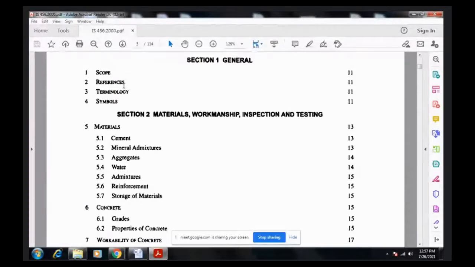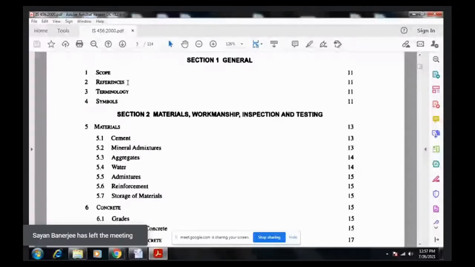Nobody really goes for this terminology, symbol. And also the reference is important. Why? Because the code is based on several references: many other books, maybe some other codes, maybe some good research papers. So reference is also important, because then you will be able to understand and get some idea.